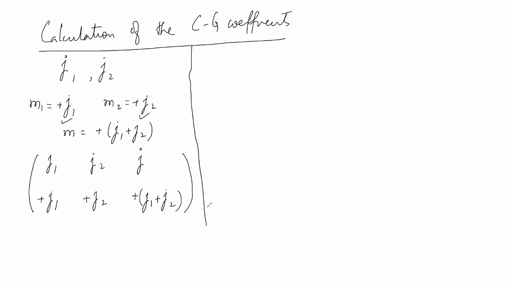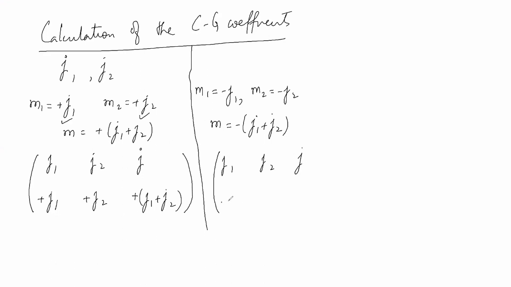Similarly, the other possibility is M1 is minus J1, M2 is minus J2, and M is minus J1 minus J2. So I am writing it as J1 J2 J, the maximum projection and the minimum projection that I am talking about.